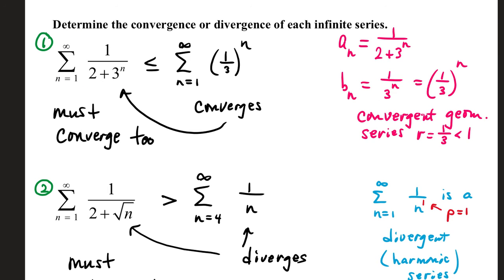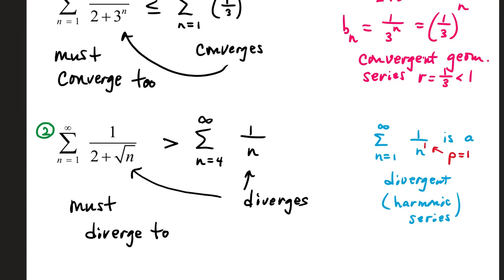In the second example, we have the sum from 1 to infinity of 1 over 2 plus square root of n. This is going to be comparable to 1 over square root of n. But because I have a feeling it's going to diverge, I need to build something smaller that diverges as well.